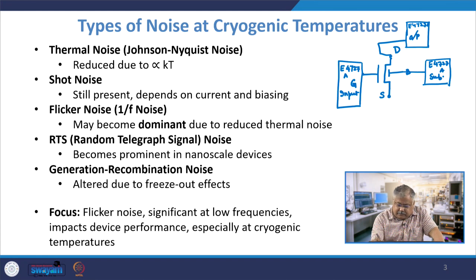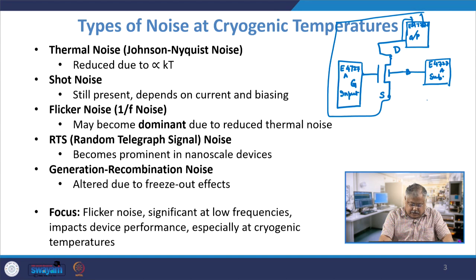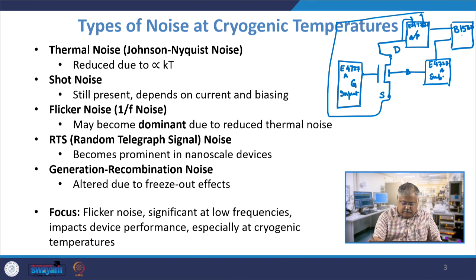So there are two aspects of it, we have a drain and a source. The drain is connected to the drain side and the source is connected to the source side, right, for the output, and all of these go to a B1500 parametric analyzer, right.